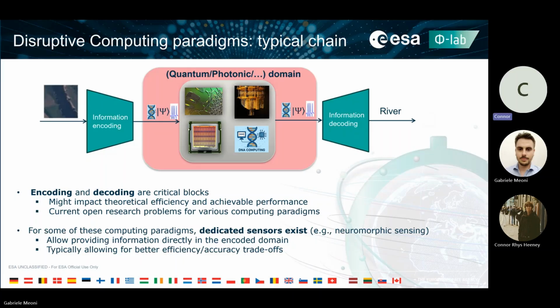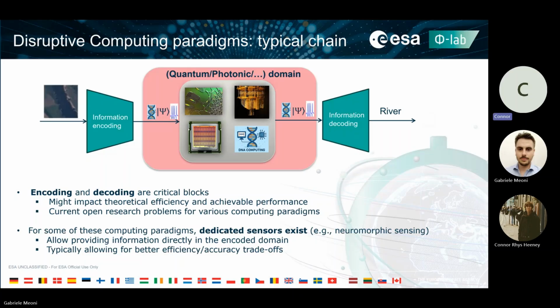Then you process the information in the quantum, photonic, whatever domain, and then you need to have a decoding. So you get a response in the quantum domain, you need to do a measurement, you need to do something to get the information. For instance, how do I convert a spike for neuromorphic computing to the fact that this is a river?